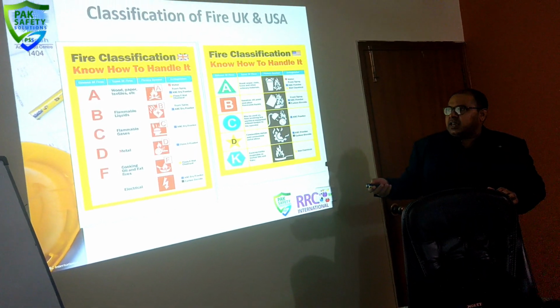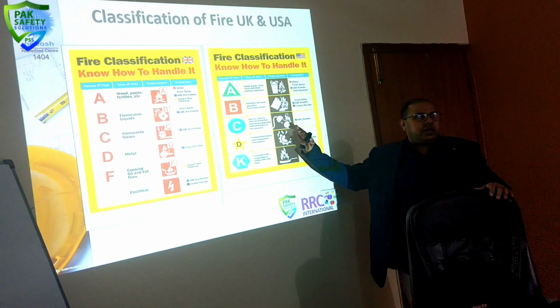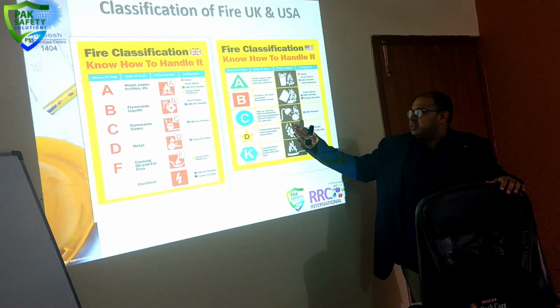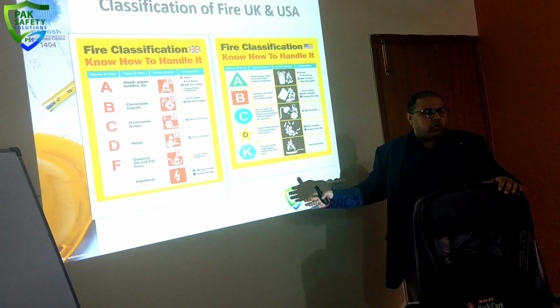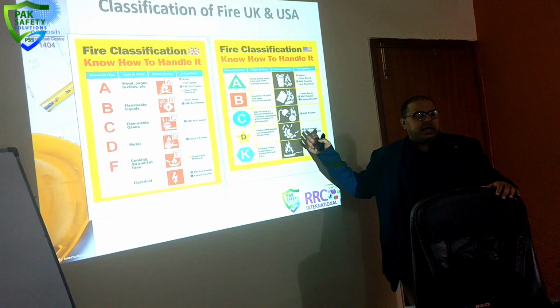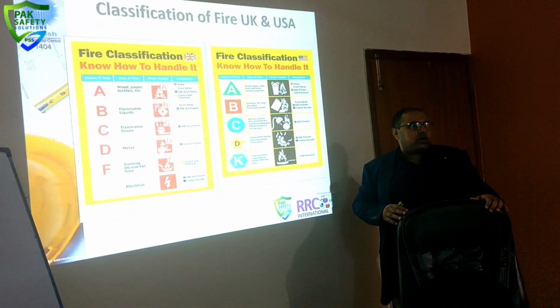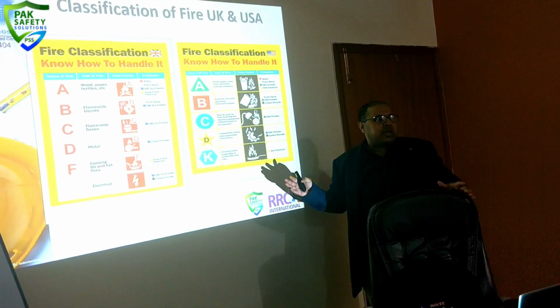We have class C, flammable gases, in the UK standard. However, in the US standard, class C is about electrical equipment and fire associated with electrical energy. We have class D in the UK, which is for metals, and in the US it is also for metals. We have class F for fat or cooking oil fire in the UK standard, and in the US standard we have class K, the kitchen class fire.